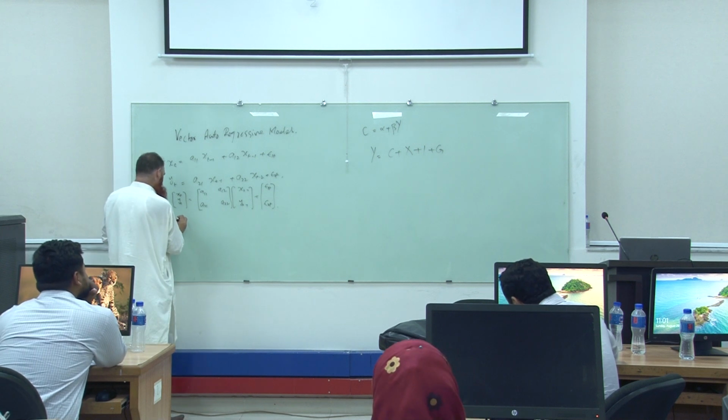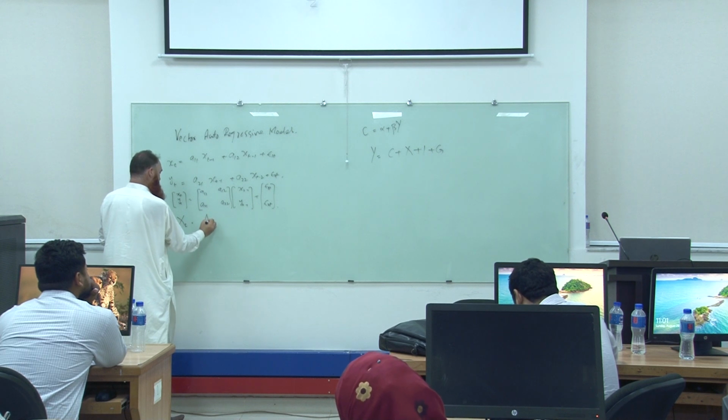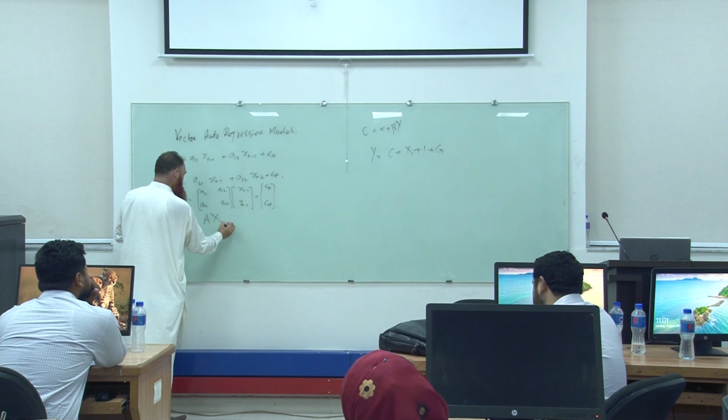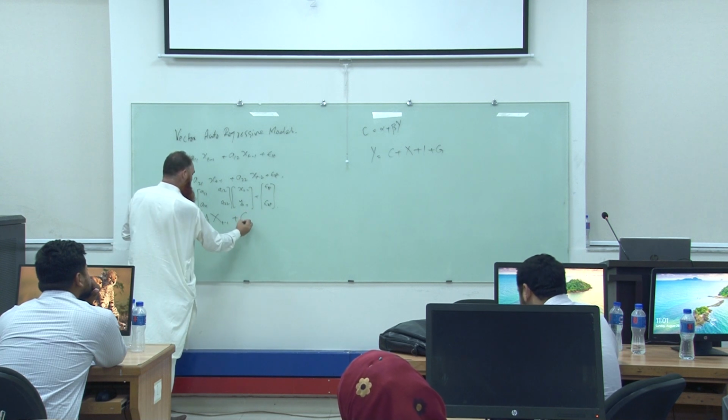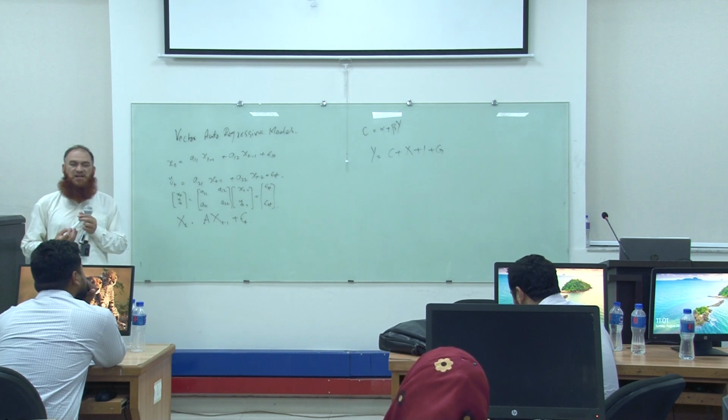Now I can write this as symbol xt is equal to, this is matrix A into xt minus 1 plus epsilon t. Now look at this equation.